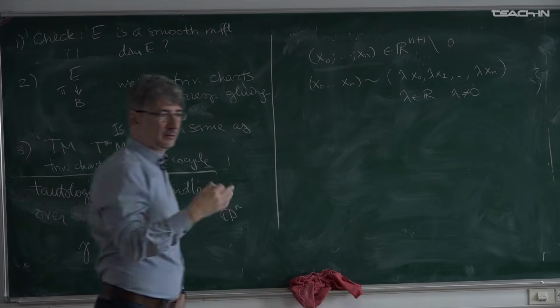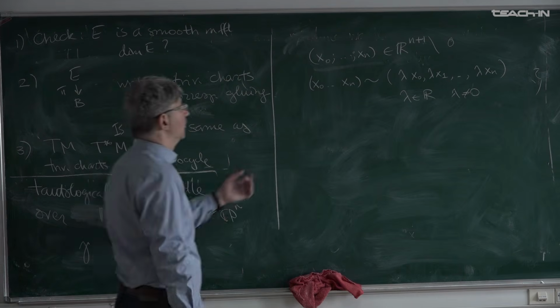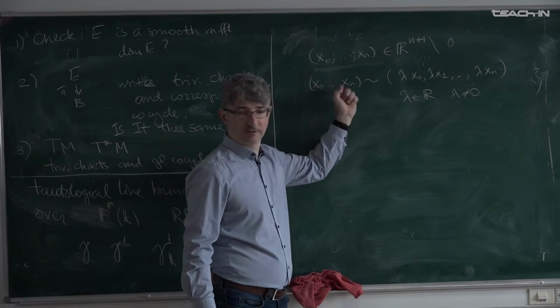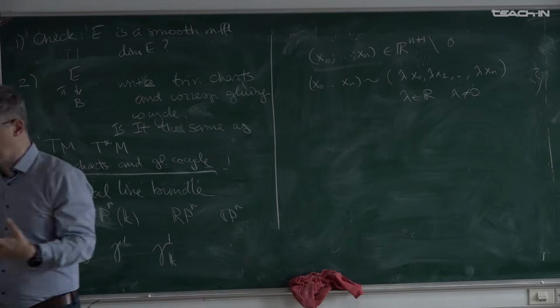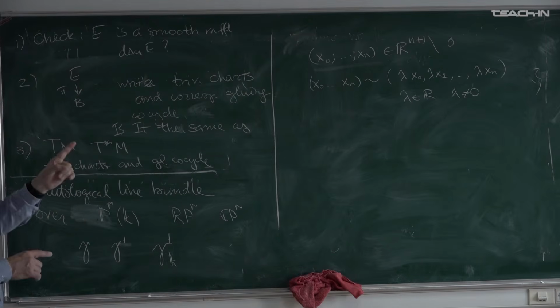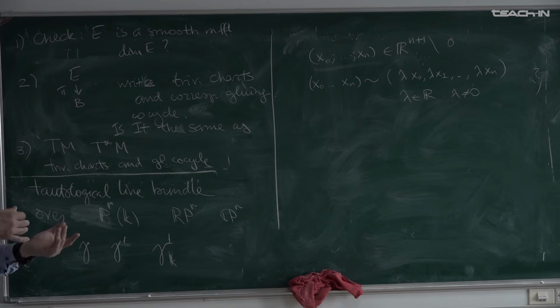So we impose an equivalence relation on points in the space R^(n+1) minus 0. In the geometrical sense, an equivalence class is just a line which passes through 0. That's why people sometimes say that real projective space of dimension n is just the space of lines in space R^(n+1).